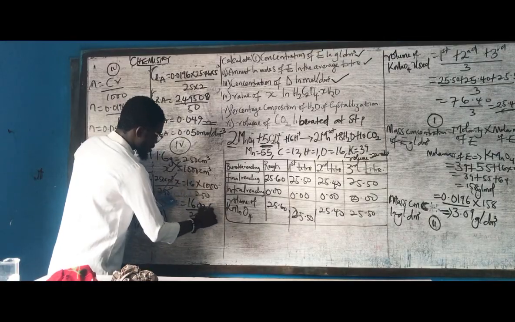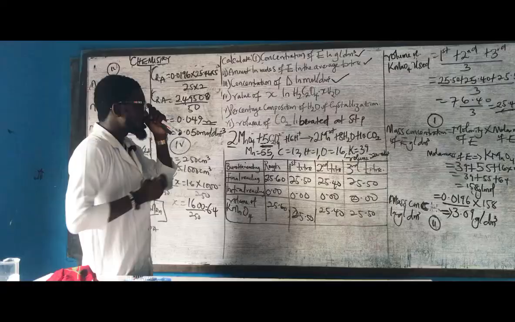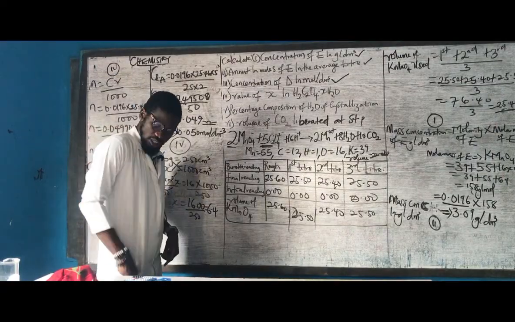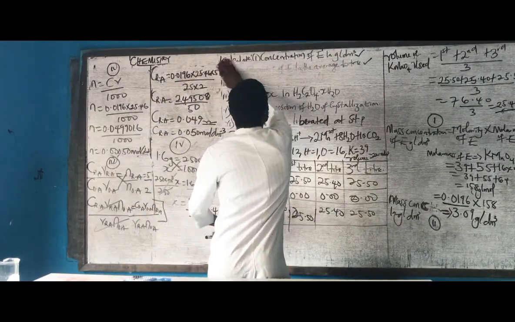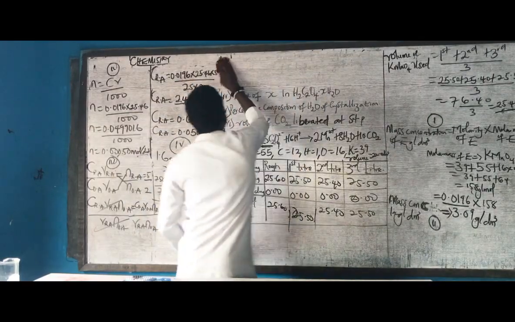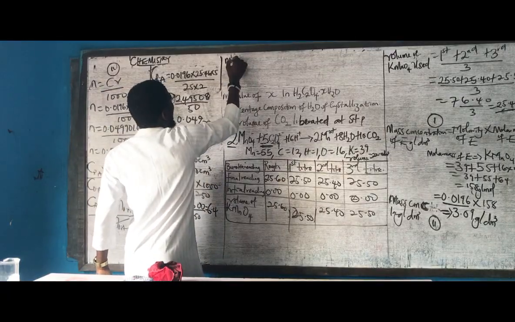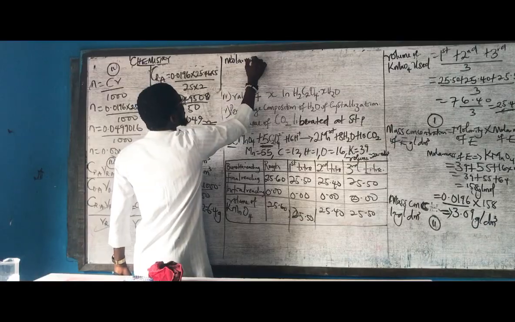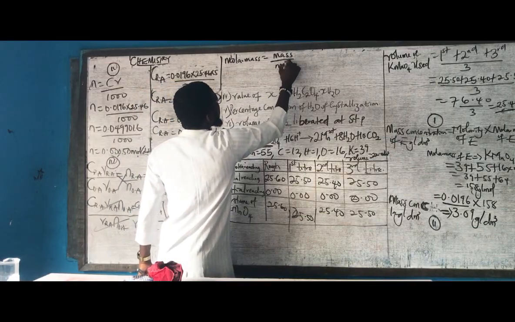We have 6.4. Now, the next thing is to calculate for molar mass. Molar mass, in gram per mole, equals mass over mole.